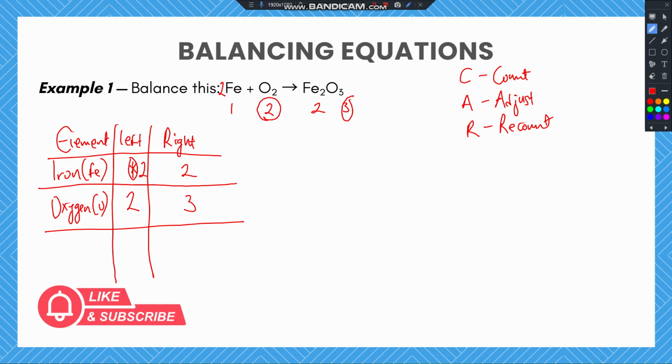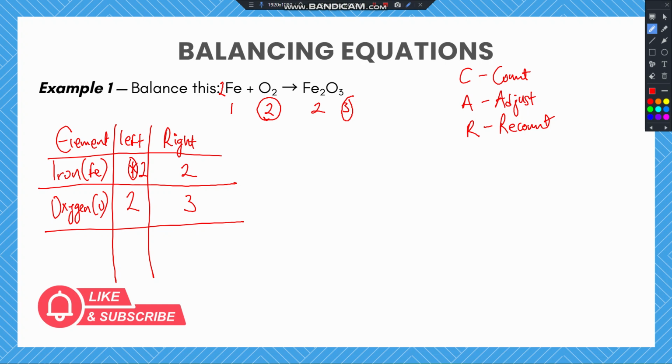Well, if I decide to put a coefficient of 2 in front of oxygen over here, it then means oxygen will become 4 atoms. But that will not be the same with this other side here. So I can't put a coefficient of 2. But if I put a coefficient of 3, it means oxygen becomes 6. And this other side remains 3. So what do I do?